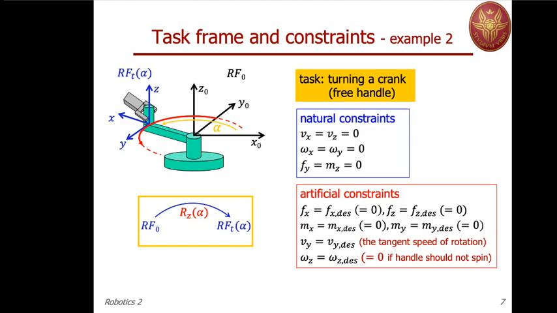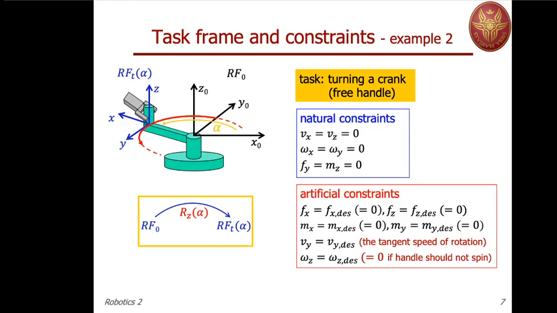It could be positive, stop, negative. Of course, this will describe the way in which we want to rotate the crank, if uniformly rotating in the same direction, or moving in one direction, stopping, reversing, and so on.